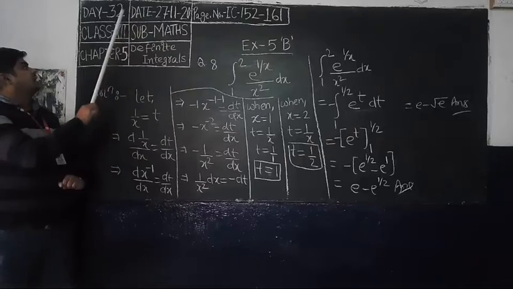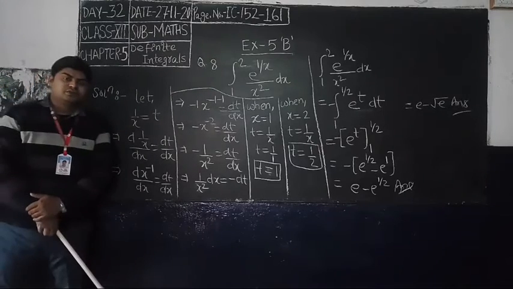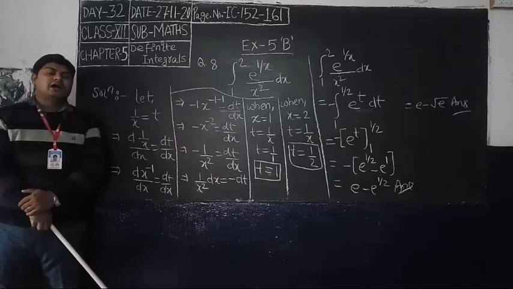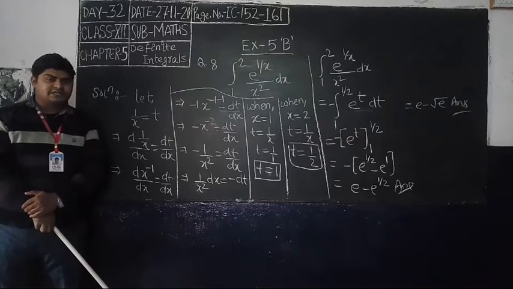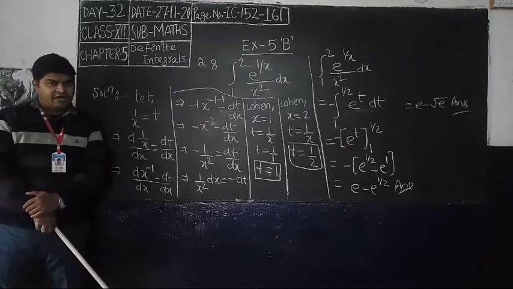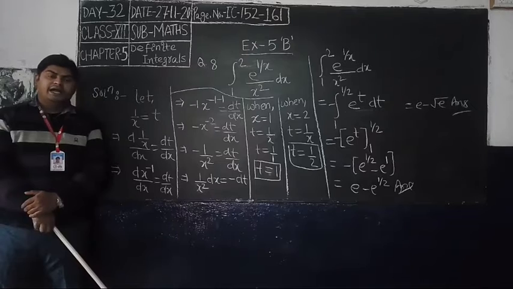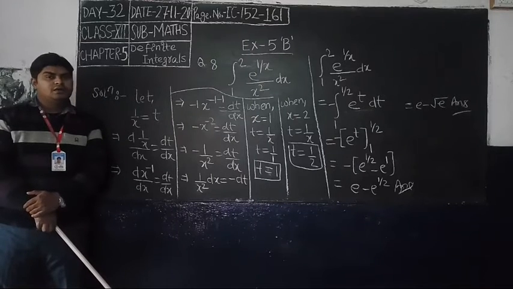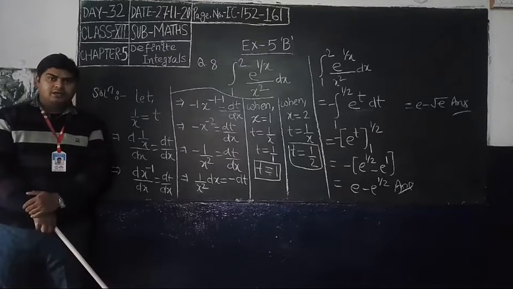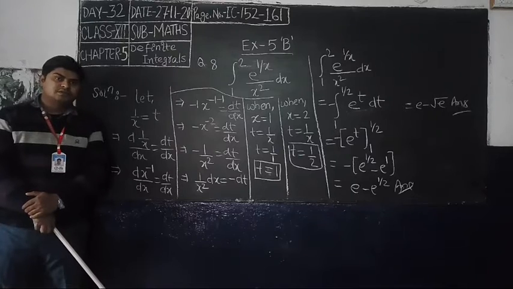Welcome to day 32. As you know, in day 31, I started exercise 5B and solved questions 1 and 5, and I gave questions 1 to 6 as homework. I hope you all are able to solve questions 1 to 6.